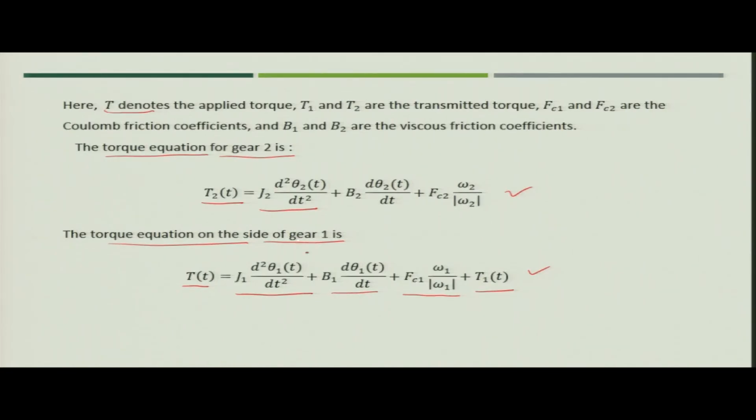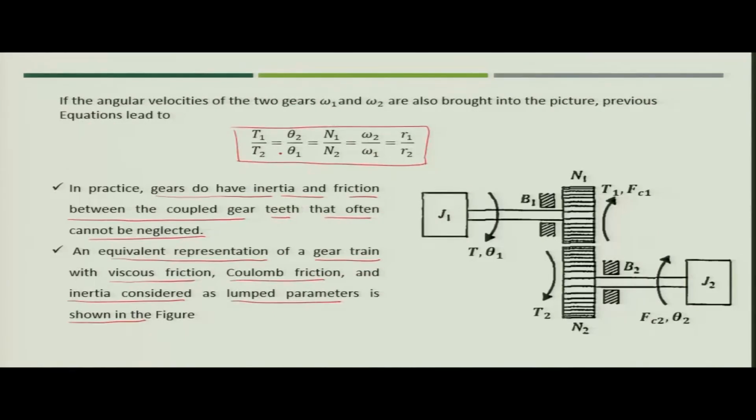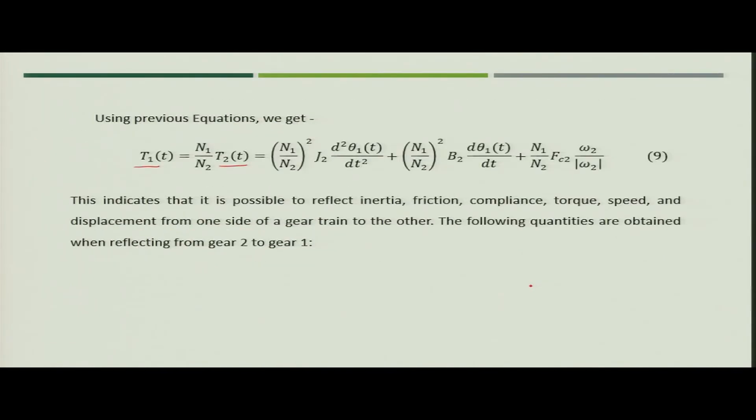So, we can write theta 2 in terms of theta 1 with the help of again the correlation which we have, theta 2 by theta 1 is nothing but N1 by N2. So, we use this correlation and finally, when we simplify we get T1 as equal to N1 upon N2 square J2 d2 theta 1 by dt2 plus N1 upon N2 square B2 d theta 1 by dt plus N1 upon N2 Fc2 omega 2 upon mod of omega 2.